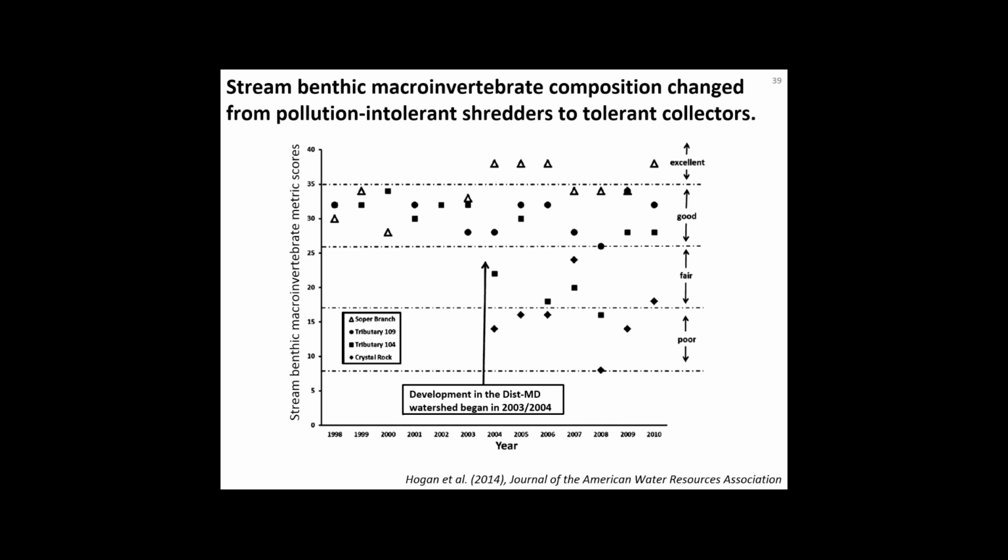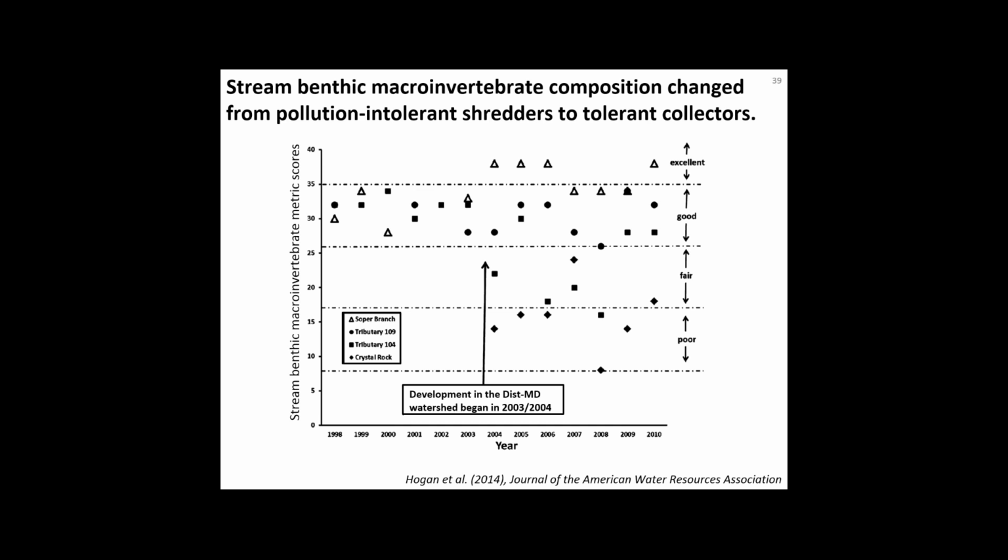This graph only goes to 2010, but the county has collected additional data up until last year. So we're looking at whether, if the IBI scores have gone down in this watershed since 2010, there has been some kind of rebound or recovery period after development.